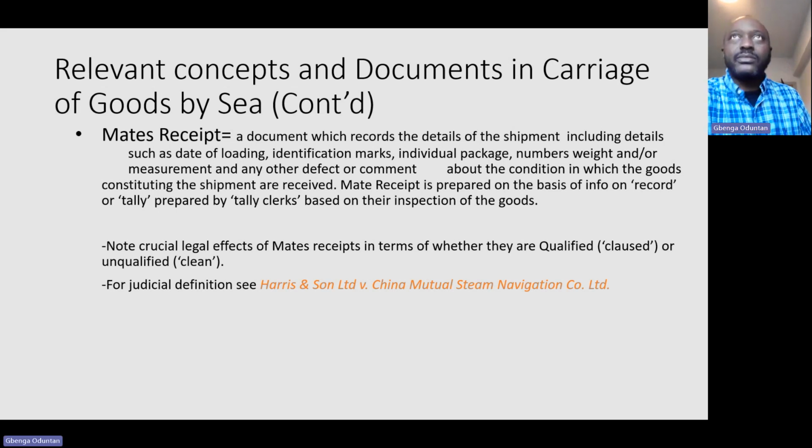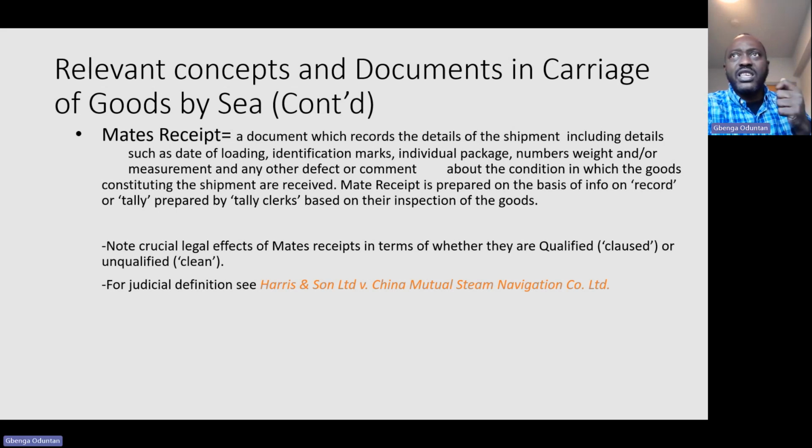The mate is an official on board. There are several mates actually, but there will be one who is perhaps the head or the one who is charged with the task of issuing out a receipt for the goods that arrive on board.